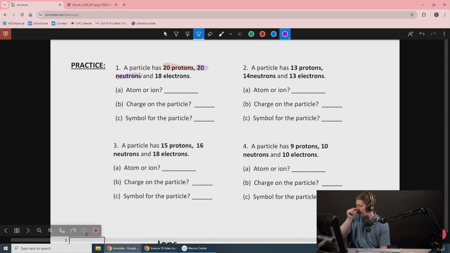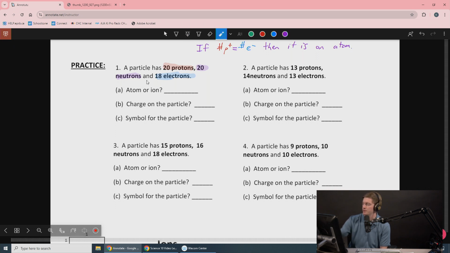Well, if the proton number equals the electron number, then you have an atom. But if it doesn't equal, then you have an ion. I'm going to put that as a note here. So I'm going to say if the number of protons equals the number of electrons, then it is an atom. We can build on this.